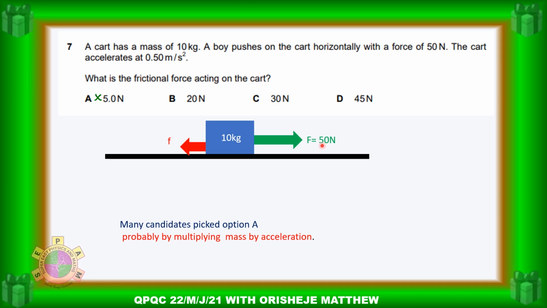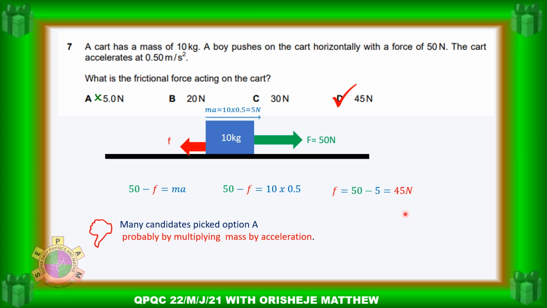Horizontally, the net force is equal to the mass multiplied by the acceleration. So 50 take away the frictional force gives the net force, which is the mass multiplied by the acceleration. Solving this equation gives the frictional force of 45 Newton.